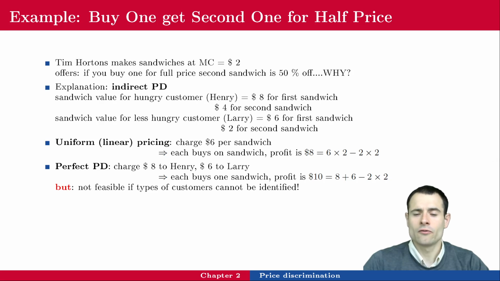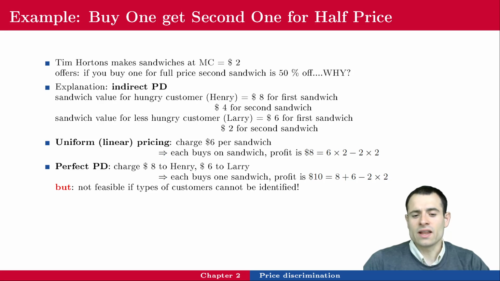He's willing to pay for it as well. Each buys one sandwich, and the profit will then be $8 coming from Henry, plus $6 coming from Larry, minus the cost of making two sandwiches. The profit is $10, which is higher than $8.